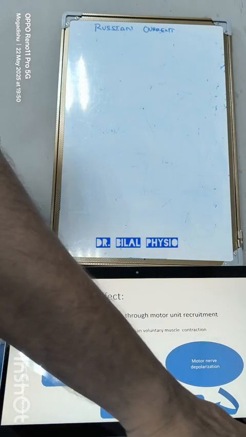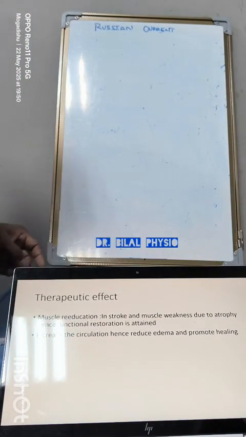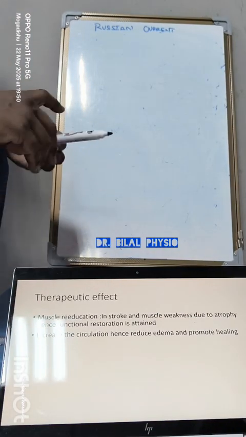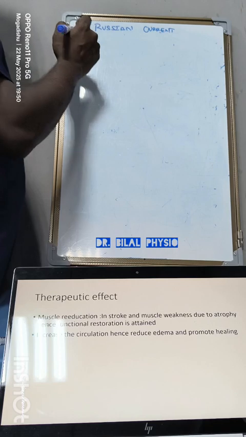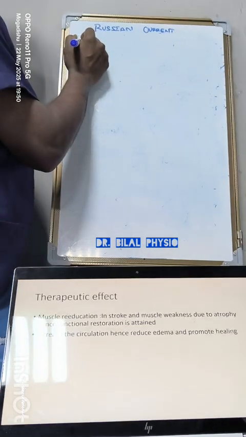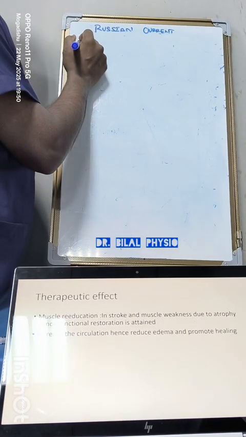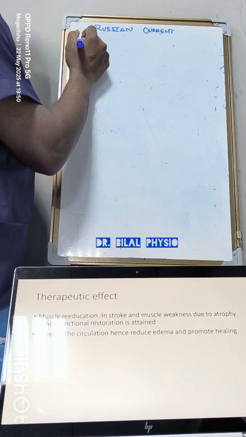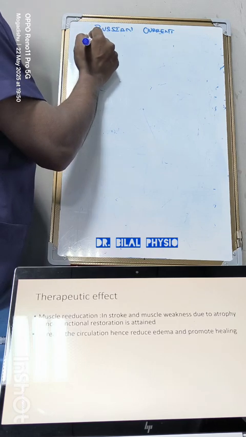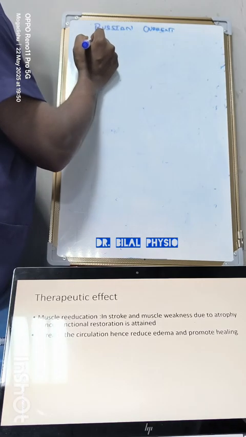Russian current. What are the therapeutic effects? Based on the more recruitment, more motor nerve fiber depolarization causes more motor fibers recruitment.